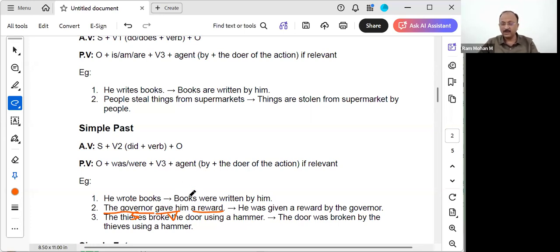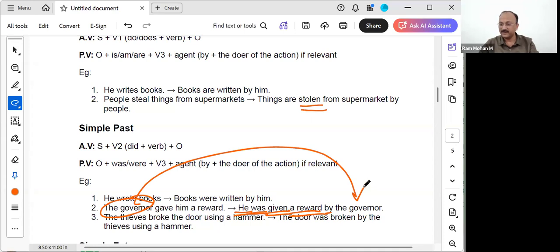That's why him is the primary object and reward is the secondary object. So the primary object will take the priority. So who did the governor give the reward? He. Correct? So what will we say? He will come. Past tense is the simple past, so was will come. Singular means was. Correct? Give, gave, given. The third form is always given only. Whether simple present or anything, we will be using the V3 form of the verb.